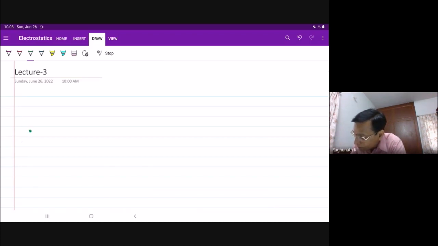Suppose there is a point charge of Q coulombs, and a point P having the position with respect to the point at which the charge is placed equal to R bar.